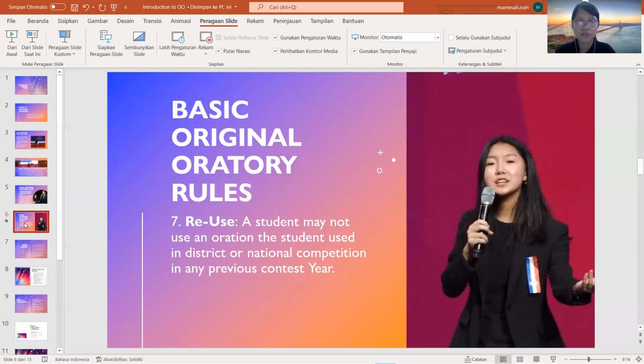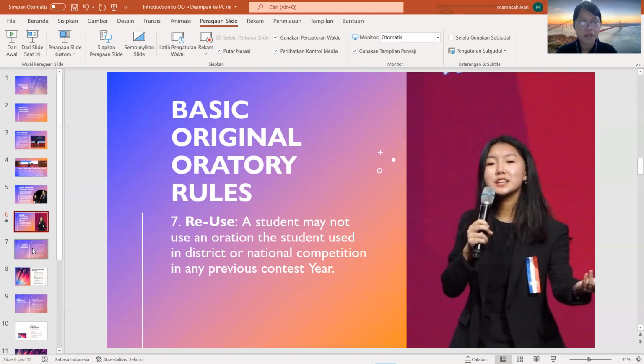This is just to give you a little notice regarding what happens in there. So just in case there will be a competition that would require you to put your script in there, make sure that you are not going to use the same script twice.